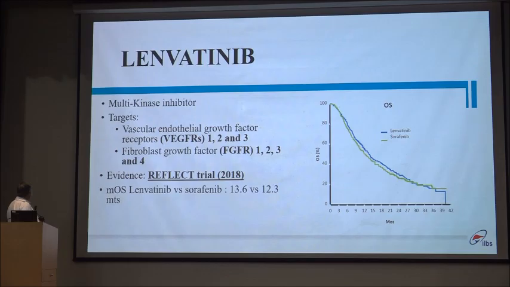Lenvatinib is a multi-kinase inhibitor that targets vascular endothelial growth factor receptors 1, 2, 3 and fibroblast growth factor receptors 1, 2, 3 and 4. The evidence is the REFLECT trial, which was introduced in 2018, a comparative study of median overall survival with lenvatinib versus sorafenib.